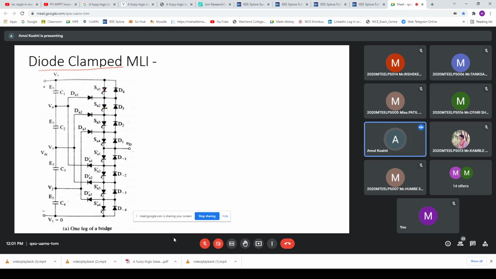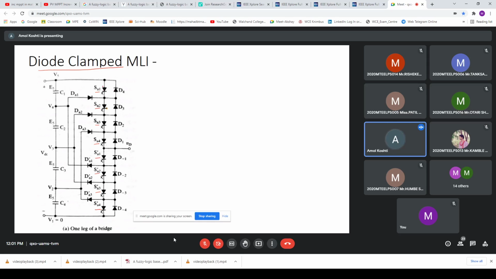Here we have SA1, SA2, SA3, SA4, SA1 dash, SA2 dash, SA3 dash, SA4 dash. These are the thyristors used. Here we can also use the MOSFET, or the IGBT.